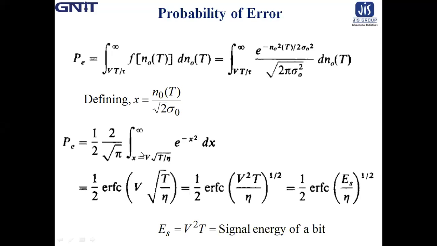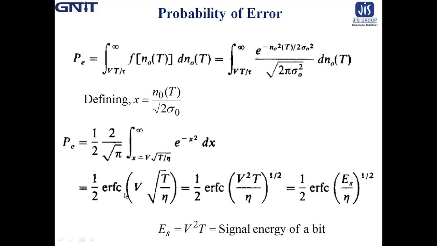This form, 2 by root over pi times the integral from x to infinity of e to the power minus x square dx, is basically the complementary error function ERFC, whose argument is x, that is V root over T by tau.